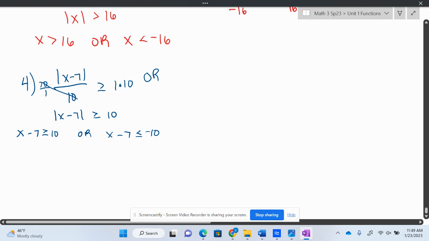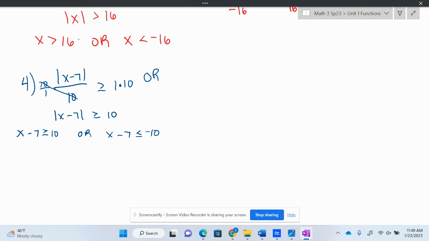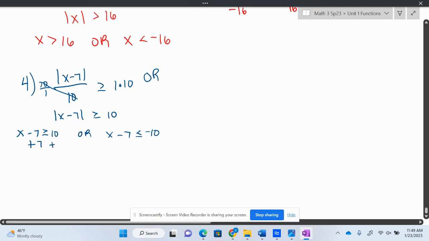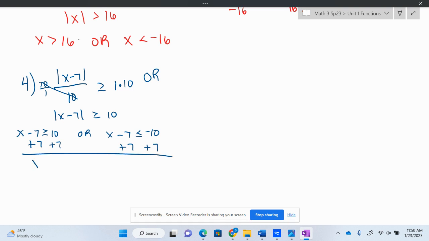So in order to solve this, I'm just going to add 7 on both sides, and I'm going to do that on both inequalities. So for the first one, I have x is greater than or equal to 17. And on the second one, I have that x is less than or equal to negative 3.